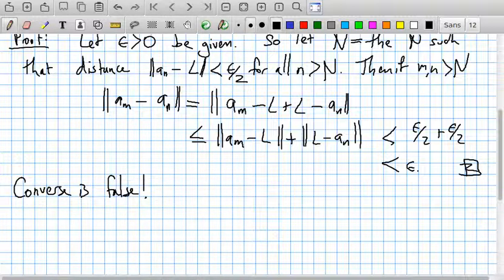So, what we want to do is take a look at what happens in a sequence like this. What about a sequence like 1 over n? Obviously the sequence has a limit of 0.